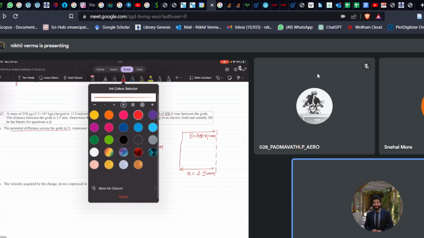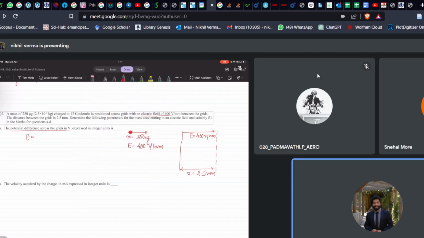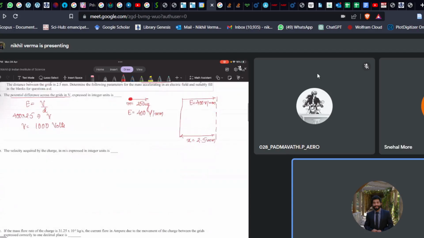So the electric field E is given as V by d, where E is 400 and the distance between the plates is 2.5 mm. So the voltage between the plates can be calculated, which will be around 1000 volts. Then we have to calculate the velocity at the exit with which the mass will be escaping out.